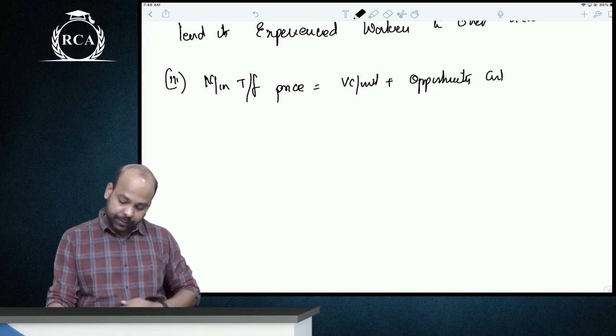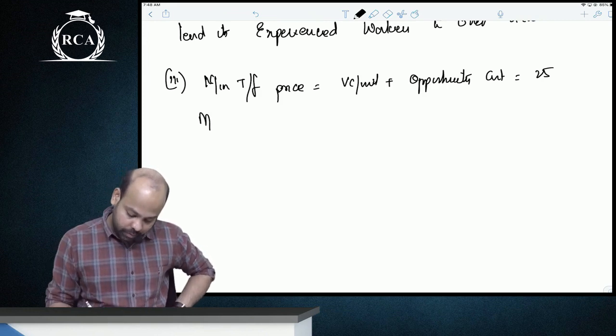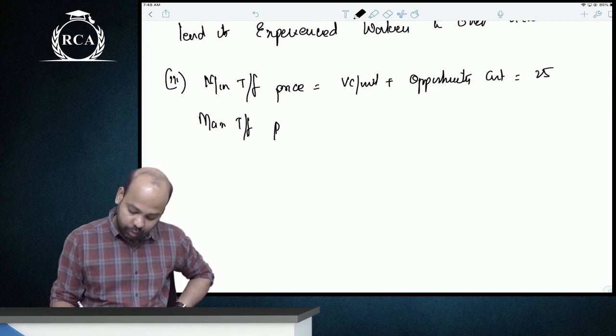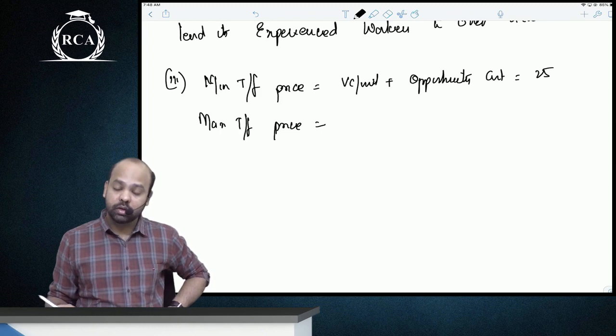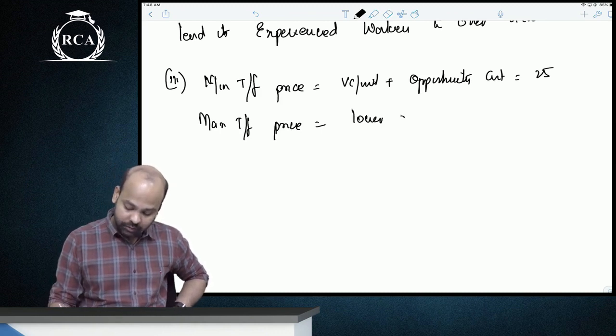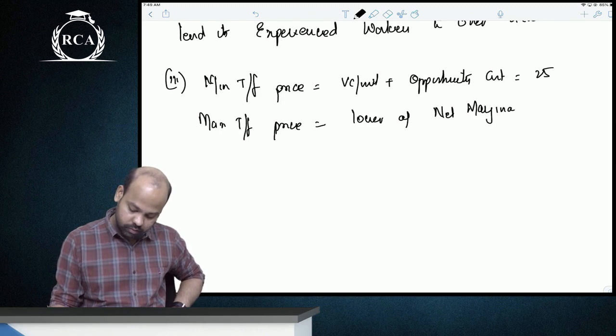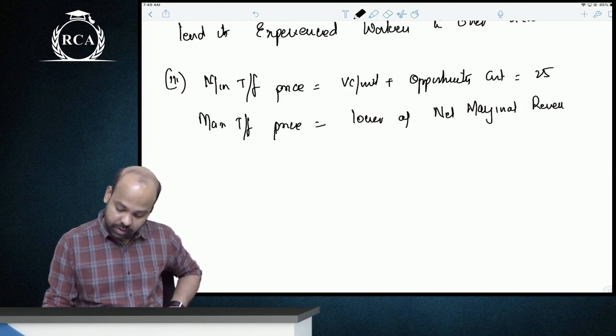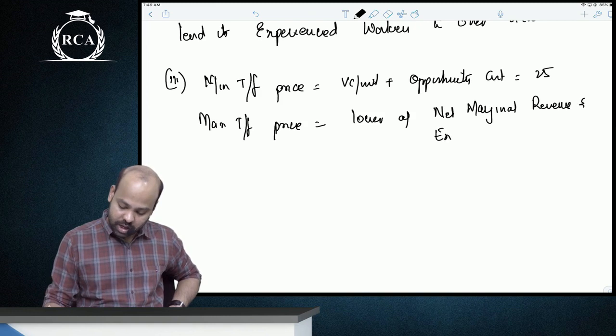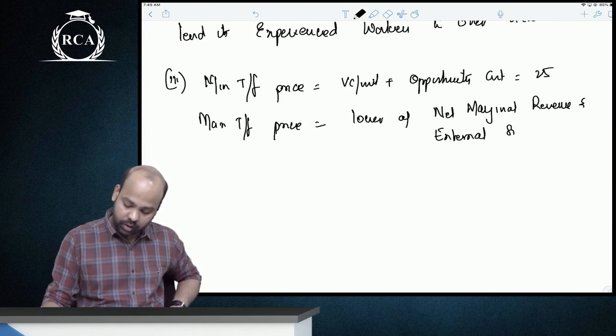Yes, sir. Maximum transfer price from the viewpoint of the receiving division, guys, would be the lower of net marginal revenue and external supplier price. We do not have external supplier price here, but we can always compute net marginal revenue.